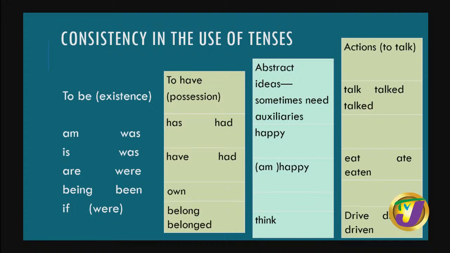Then we have some other verbs which are abstract. Ideas, such as happy. You can't really feel it. So you can't touch it, you feel it. So you say, I am happy today. Happy, sad, hungry. Think.